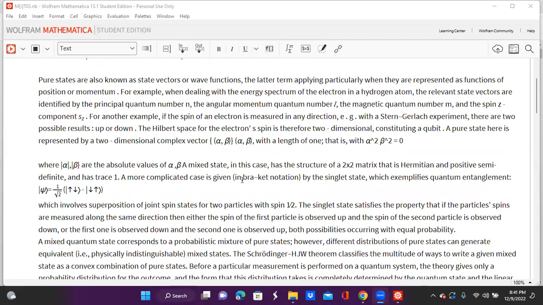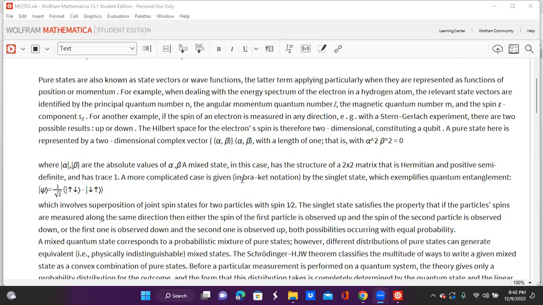Pure states are also known as state vectors or wave functions, the latter term applying particularly when they are represented as functions of position or momentum. For example, when dealing with the energy spectrum of the electron in a hydrogen atom, the relevant state vectors are identified by the principal quantum number n, the angular momentum quantum number l, the magnetic quantum number m, and the spin z-component, S sub z.